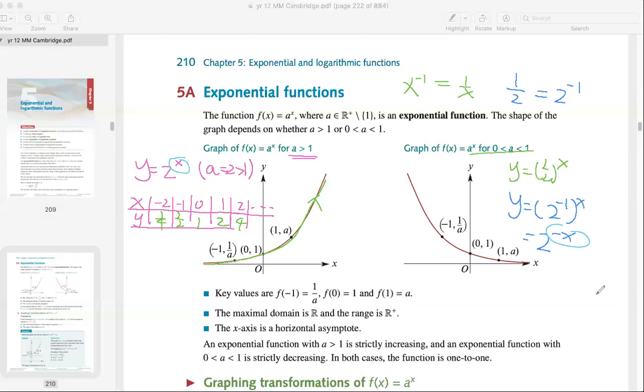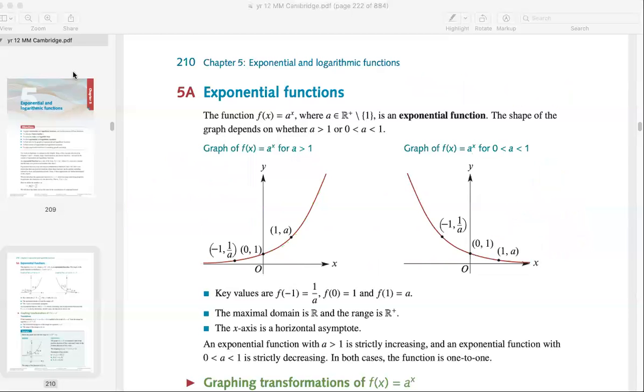Let me repeat again. This means reflected in the y-axis, right? So if I copy this one over here, it's going to look like this. So for these two graphs, the purple one and the other one, they are just symmetric about the y-axis.